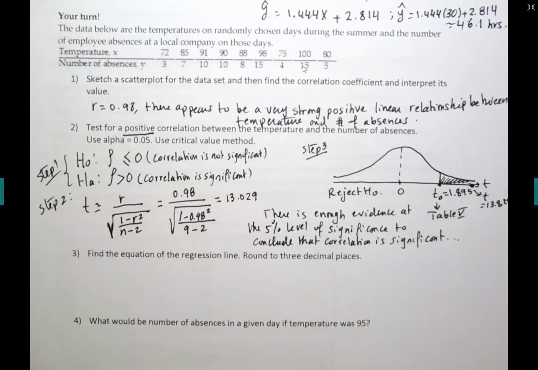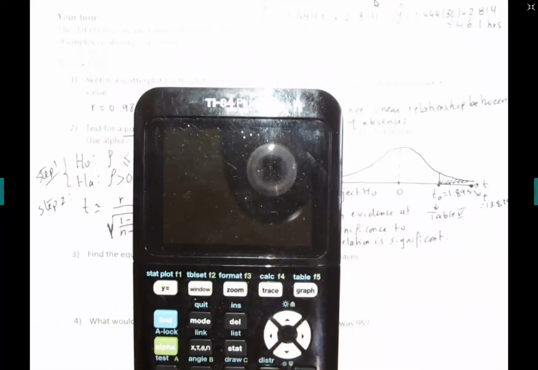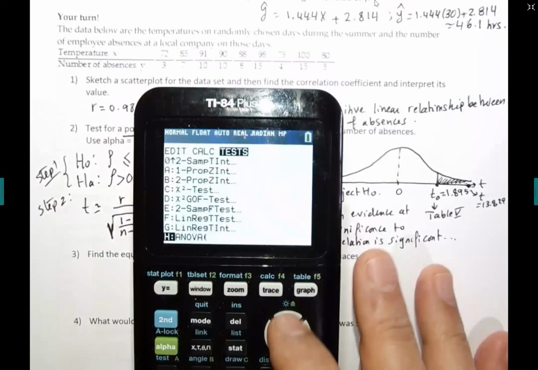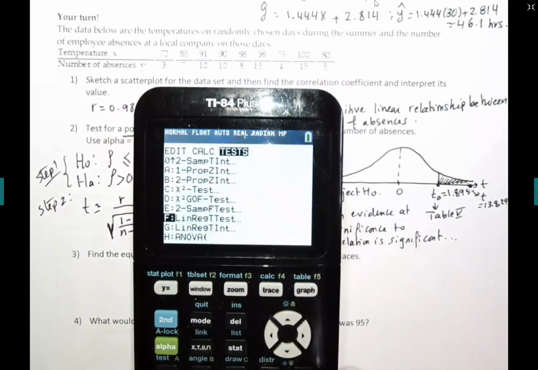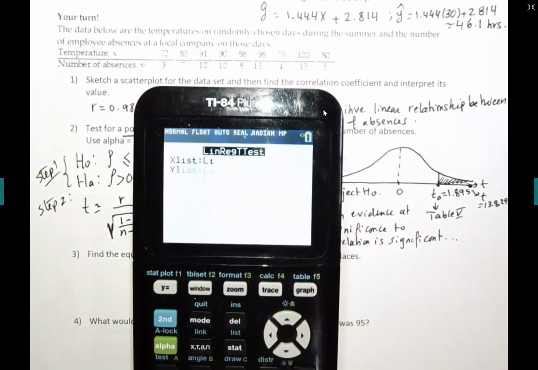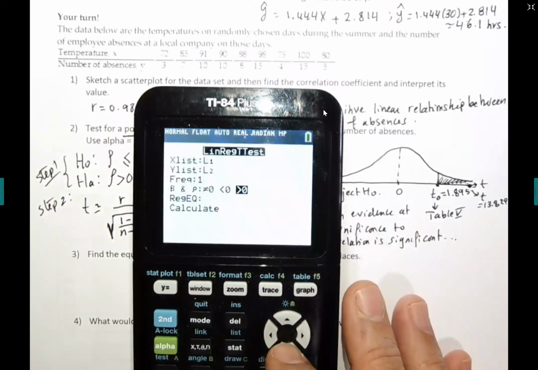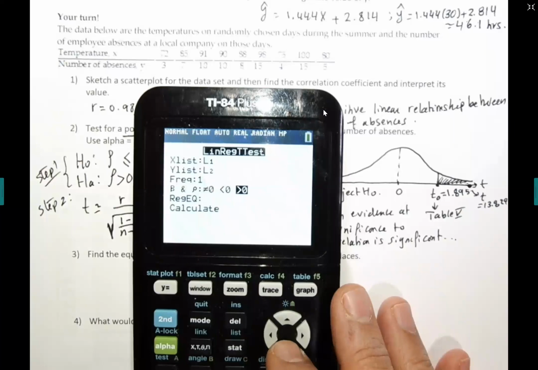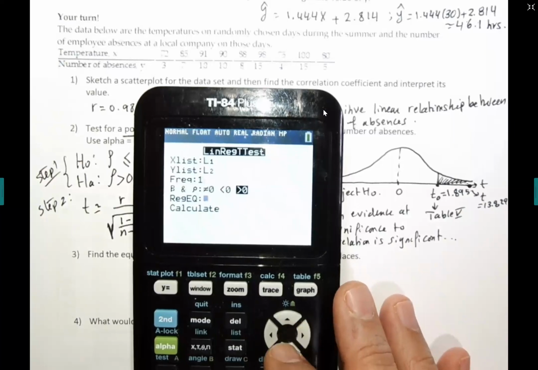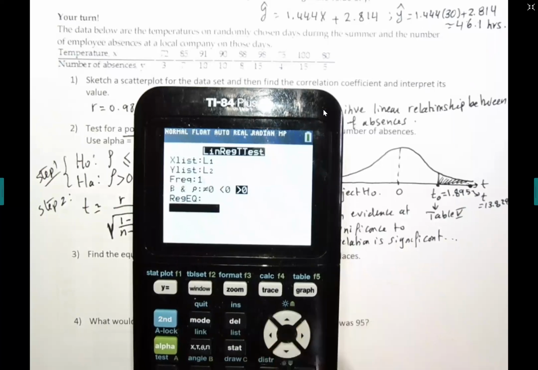Now, guys, if I give you the choice to use the calculator, look, we could have done this. Stat, tests, scroll up. It's linear regression t-test. It's the letter F on most calculators. Not sure if it is on all calculators, but it is a letter F. L1, L2, frequency, don't change it, greater than 0, and we should not get any contradicting results.